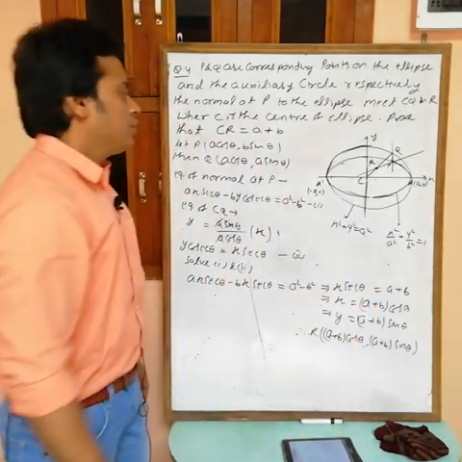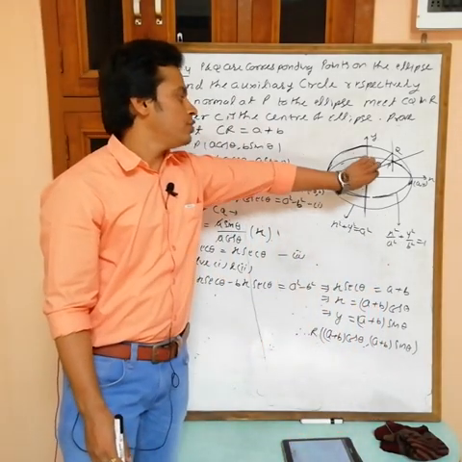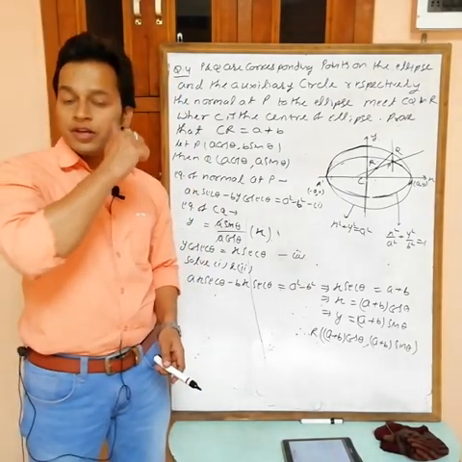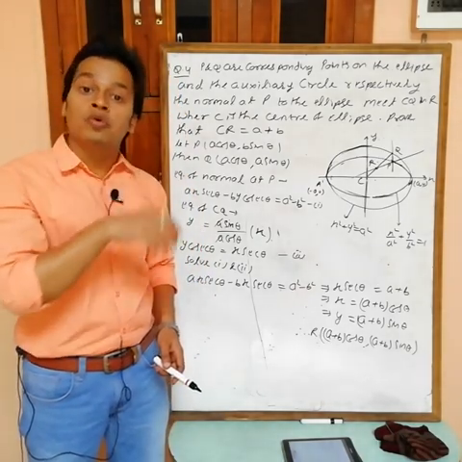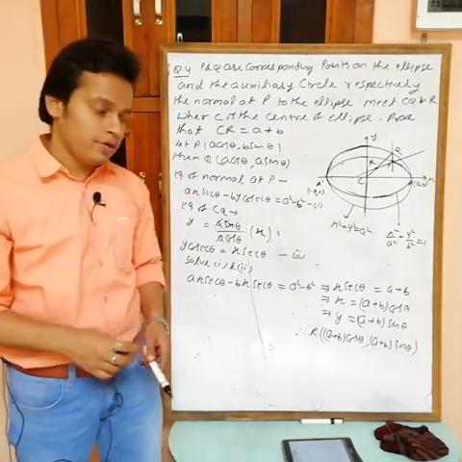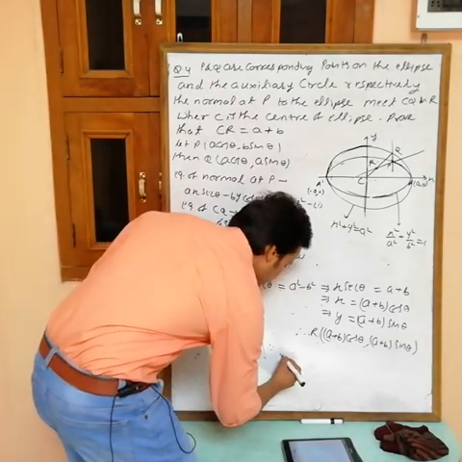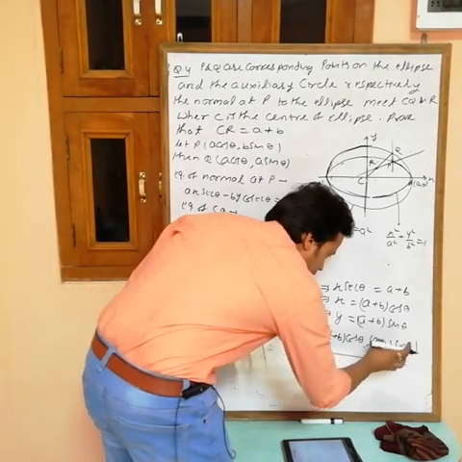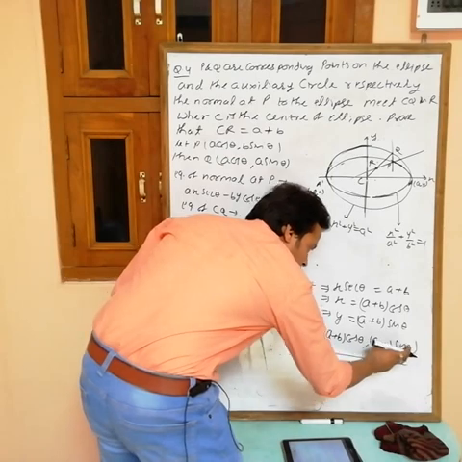Now if you have the coordinates of R, then distance CR is, C is the origin. So the distance of (x, y) from the origin is root of x square plus y square. CR is root of x square plus y square. This one is square plus this one is square.